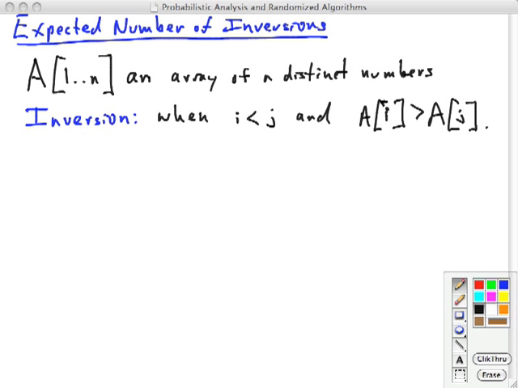As you move that number down the array, you have to compare it to one more than the number of items that are inverted. You keep comparing until you get to the point where you no longer have to move it down. So the number of inversions controls the number of comparisons that are required.